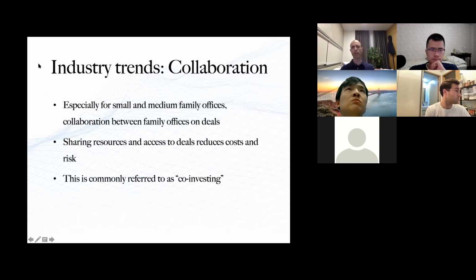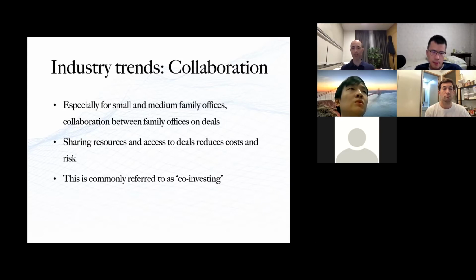Collaboration. So there's been the idea of collaborating or partnering with other family offices who are like-minded, and there are a lot of synergies that can really be discovered through collaborating between family offices who have like values or similar ideals.